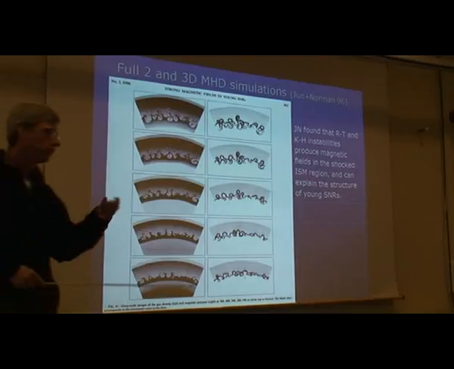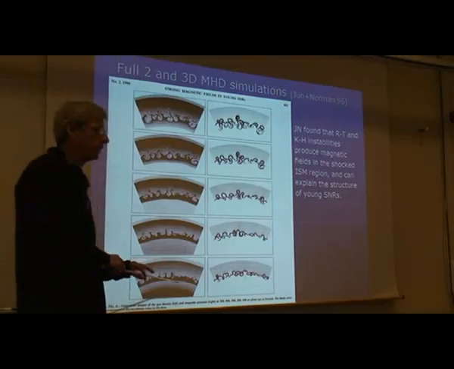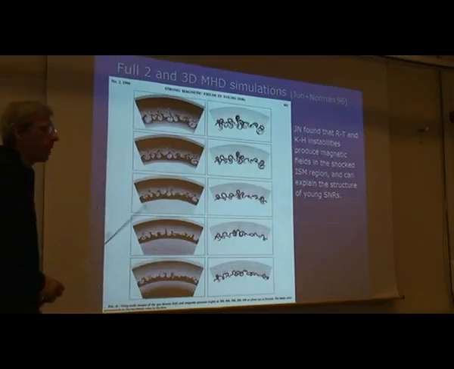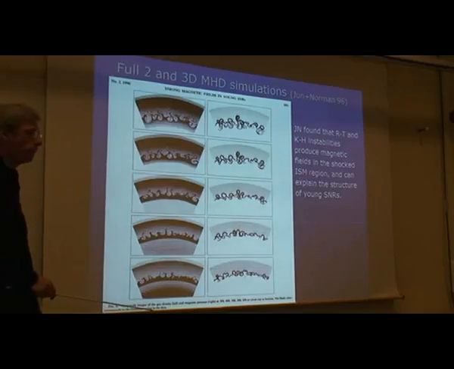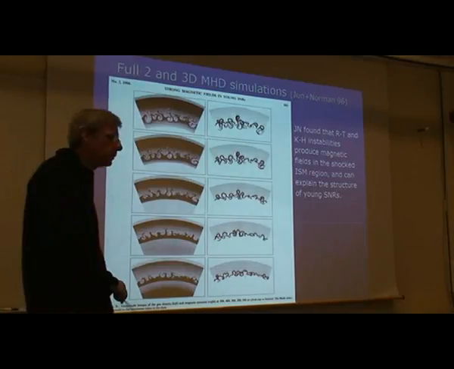So it could be that if they increase their numerical resolution they would find higher values. So it was an option. In this case, the resistivity and viscosity are completely numerical. Yeah, so the statements about the level to which you amplify the field is... Okay, there are issues here.